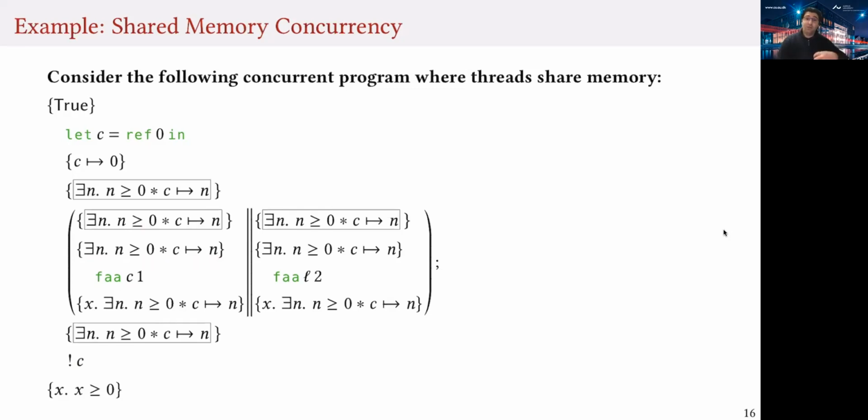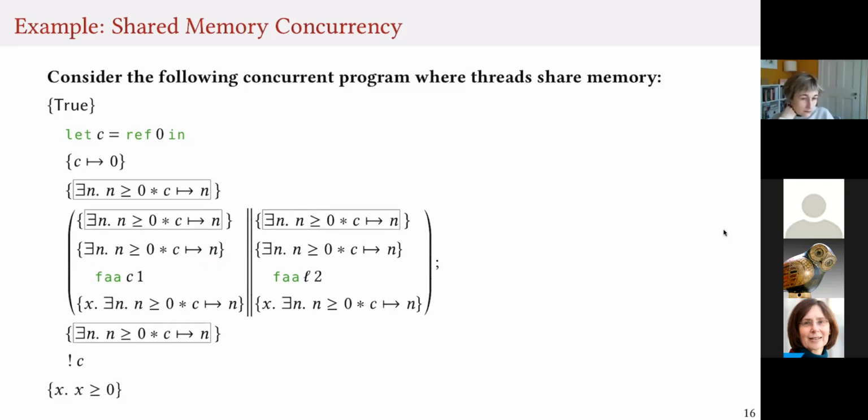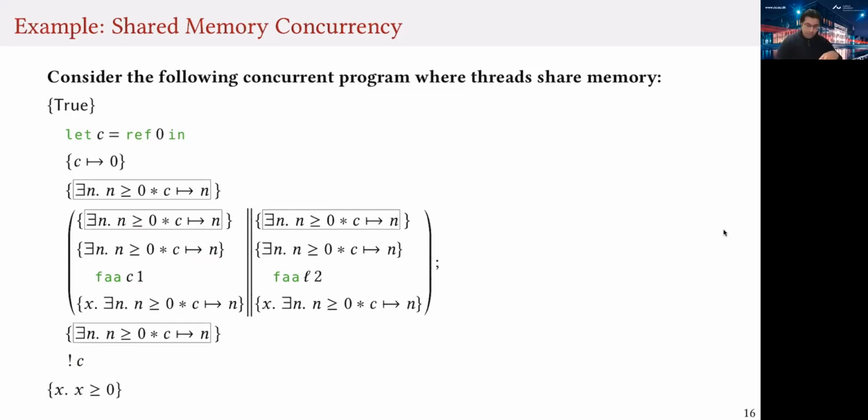So we actually get the ownership of the location before executing this operation. And we have to guarantee it afterwards. Now it is important that this operation is atomic, because if we allowed non-atomic operations to access invariants, then it could be that two threads would be scheduled in such a way that they are both using the same invariant at the same time. And if one of them is violating the invariant for the duration of that operation, then the other thread will get into trouble, right?